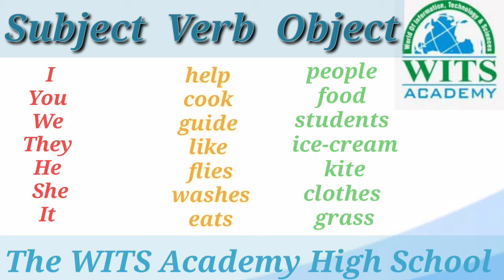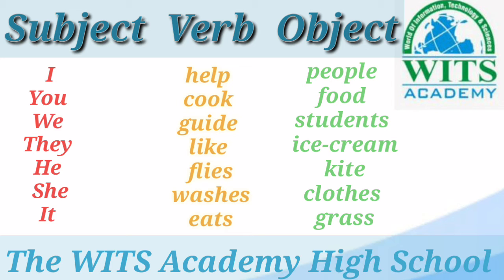I help people. You cook food. We guide students. They like ice cream. He flies kite. She washes clothes. It eats grass. Students, just look at the sentences and look at the changes which are done in the word.